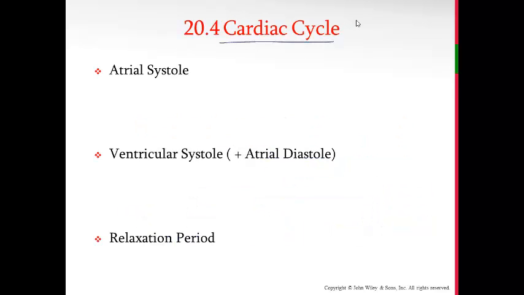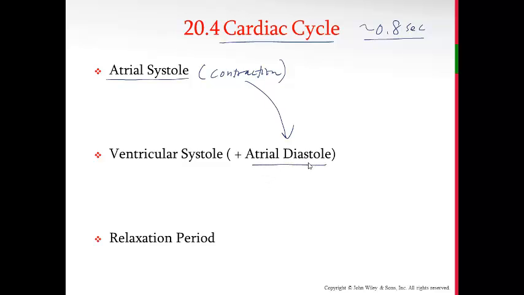So let's take a look at the cardiac cycle. Each cardiac cycle is about 0.8 second, and a lot of things happen in this 0.8 second. Just a reminder, we've seen atrial systole, meaning contraction of your atrium, or both atria, and it also undergoes relaxation, atrial diastole.